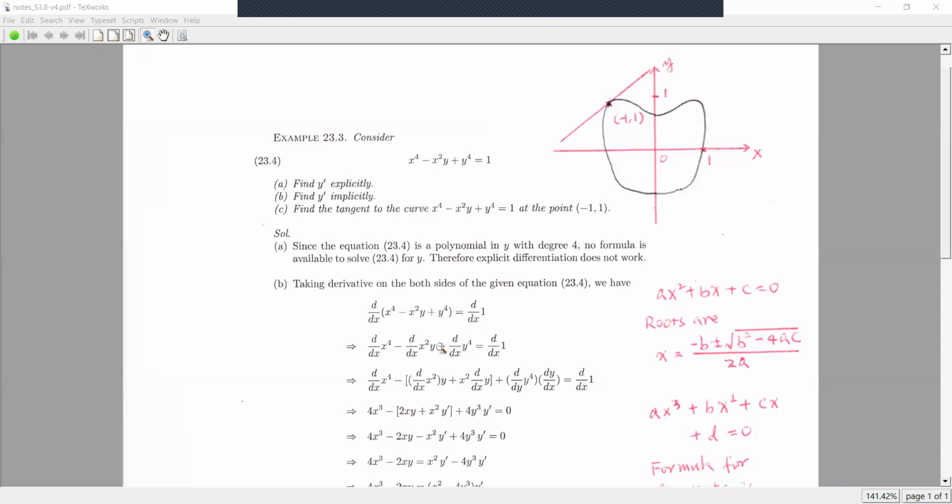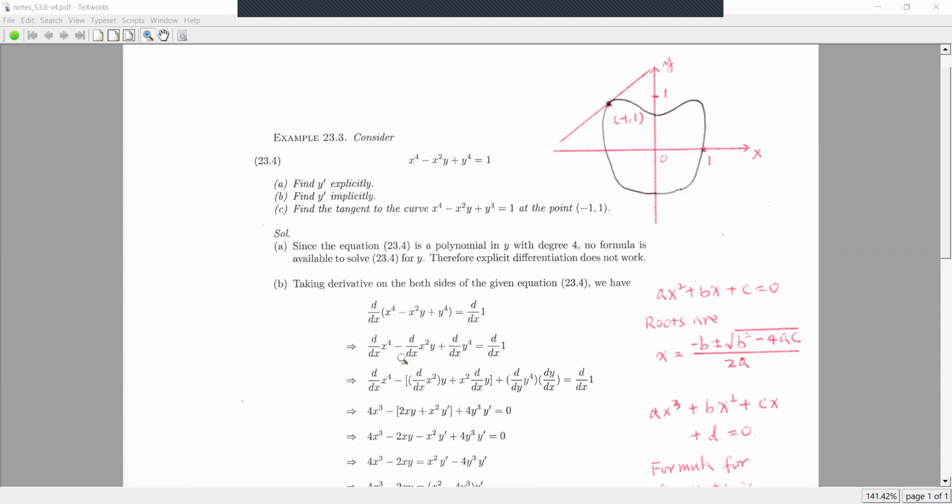About the derivative in the middle, we can use the product formula to compute it because the function is a product of 2 functions. X squared depends on x, it is a function. Y depends on x, it is also a function.